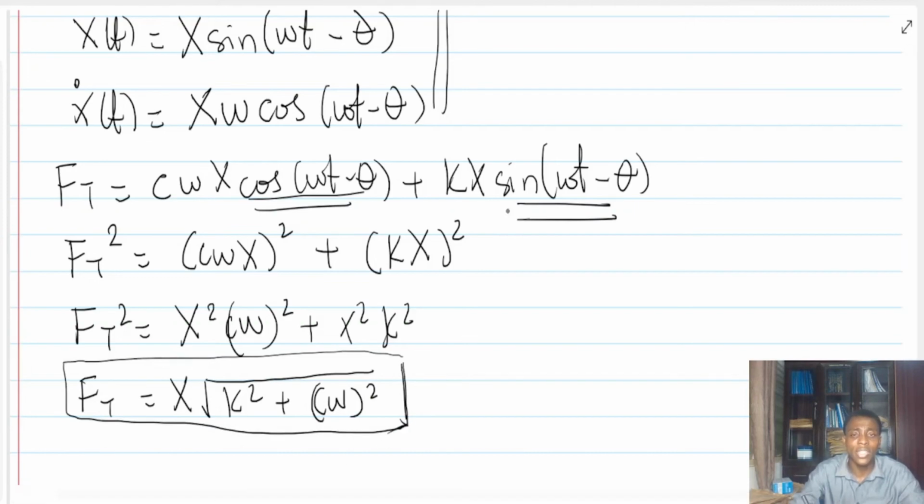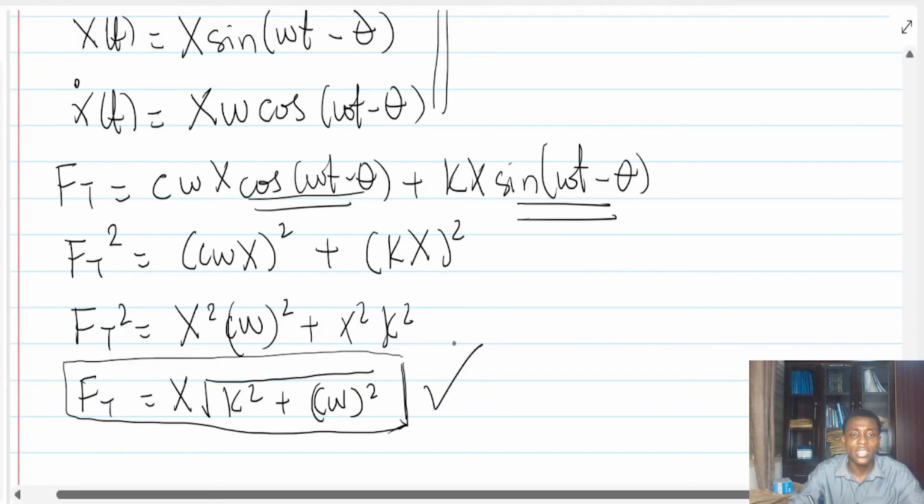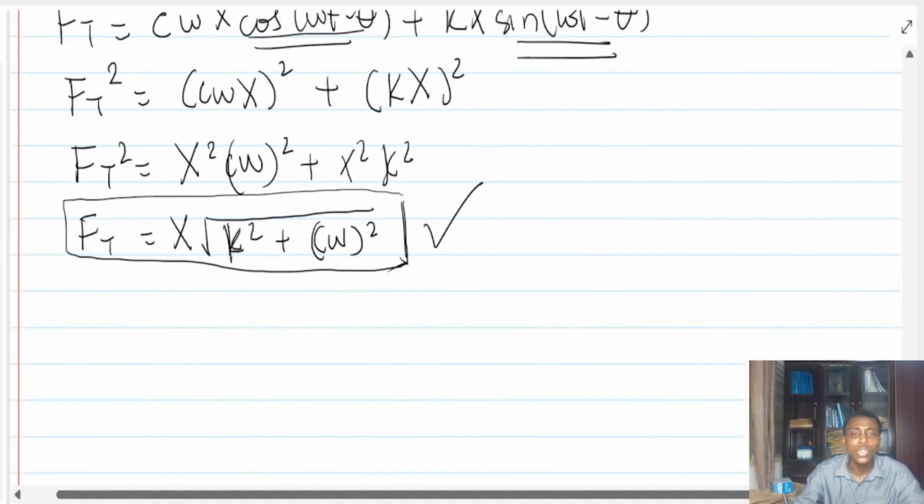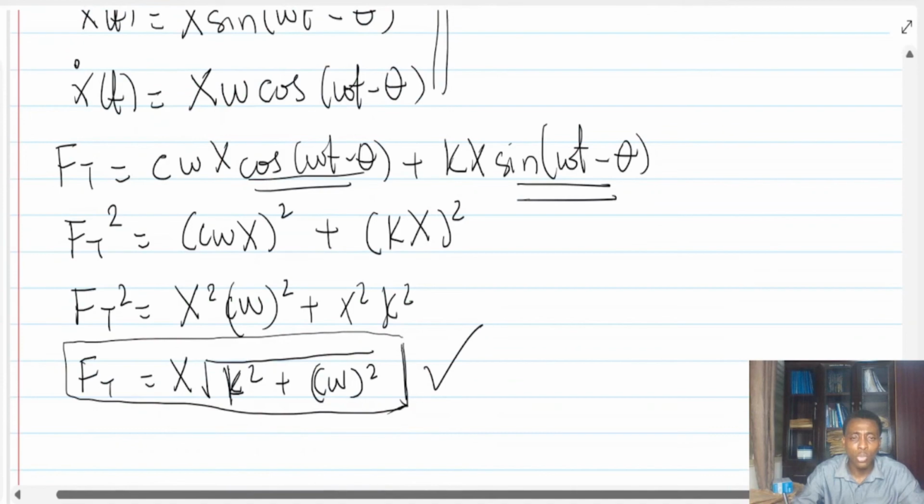Interestingly, what we are trying to say is that this is the force that goes to the support, where this is the dynamic amplitude, my stiffness squared plus C omega squared. Okay. So over here, what have we been able to do? We've been able to find the force transmitted to the support.